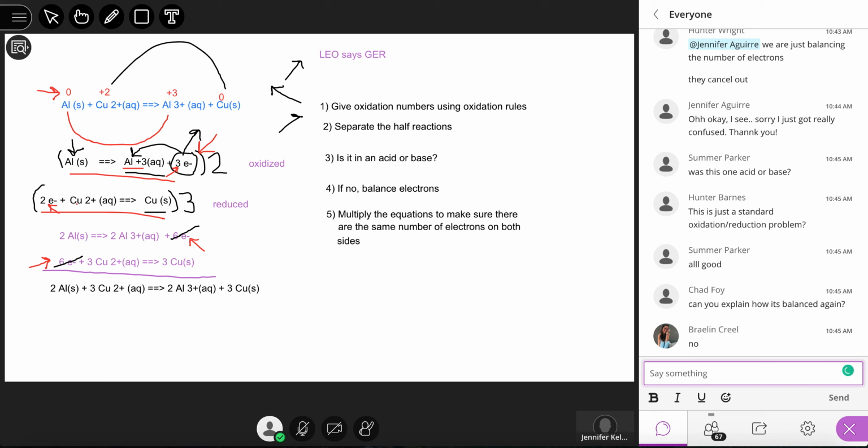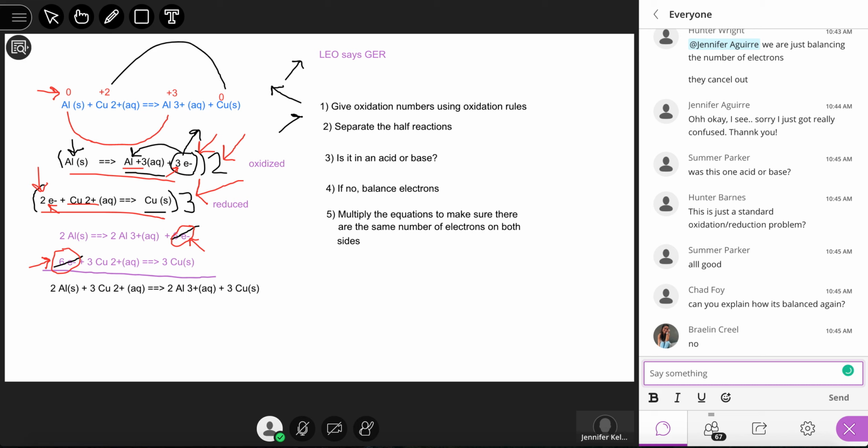The copper was +2, so I had to give it 2 electrons. And then I have to multiply them so that both sides have the same number of electrons. So 3 times 2 is 6. So that gives me these 6 electrons. And then 3 times 2 is 6 again. So that gives me these 6 electrons.